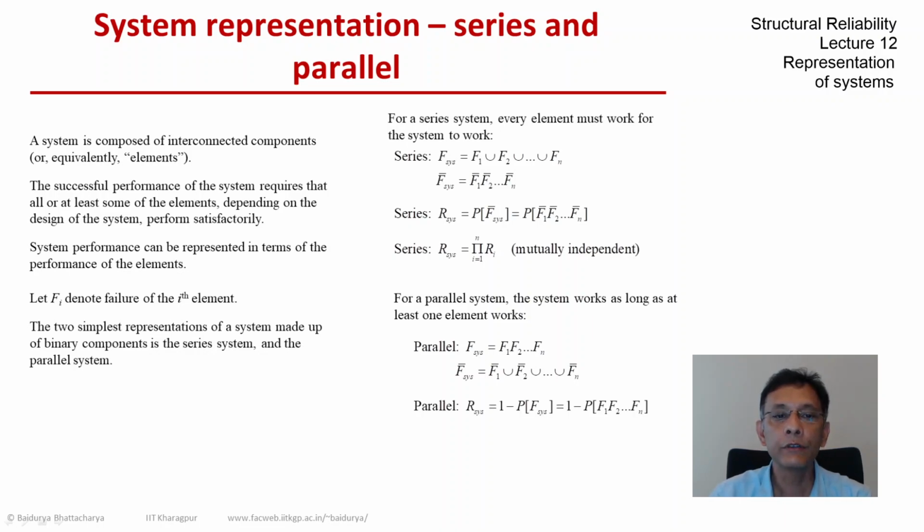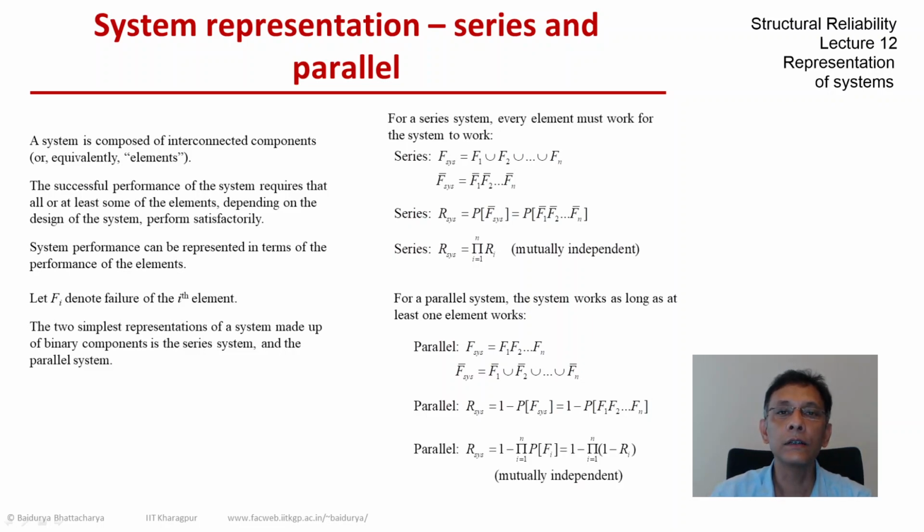So the reliability of the parallel system is 1 minus the system failure probability, which is simply the probability of the intersection of all the events. So system reliability is 1 minus P(F1 intersection F2 all the way up to Fn).